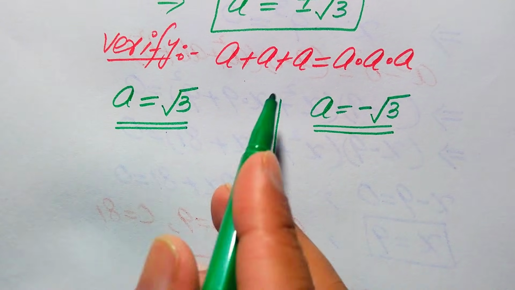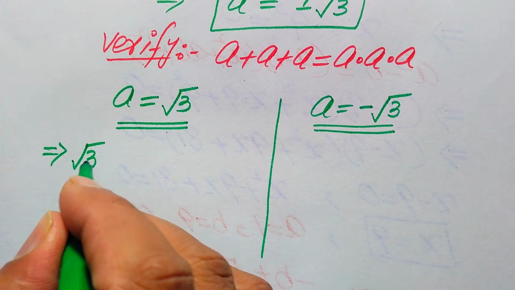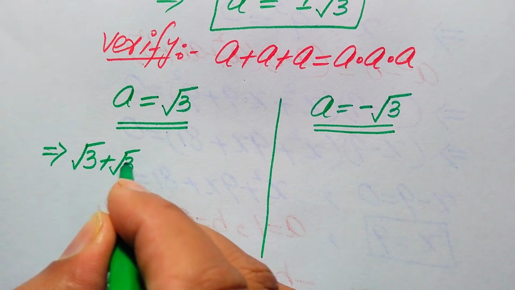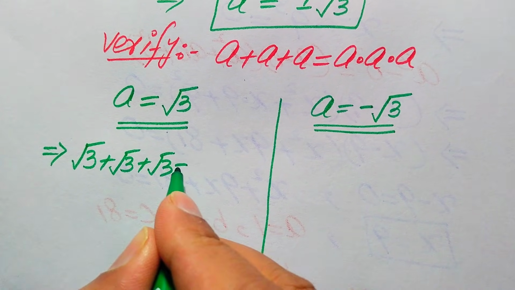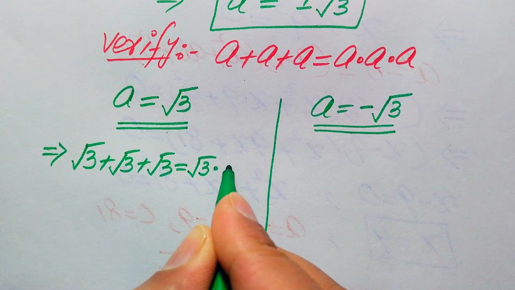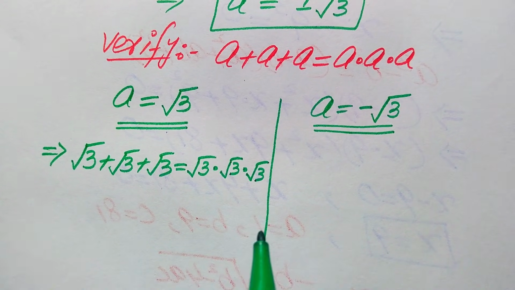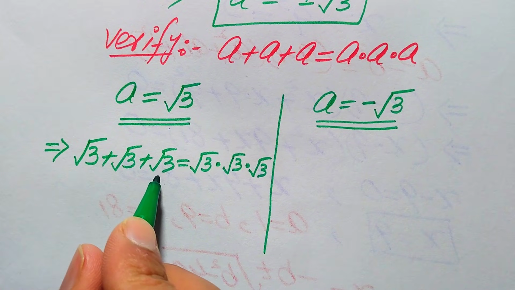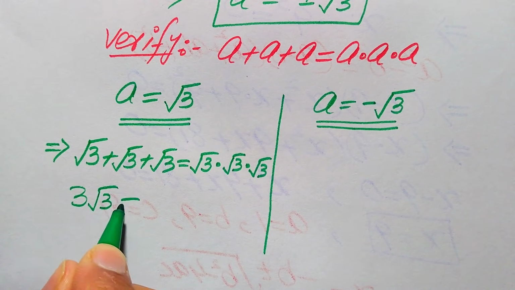So when you put a equals plus square root of 3 on both of the sides, it is written as square root of 3 plus square root of 3 plus square root of 3 is equal to square root of 3 multiplied by square root of 3 multiplied by square root of 3. So here you see that square root of 3 is added 3 times, we write it as 3 times square root of 3.